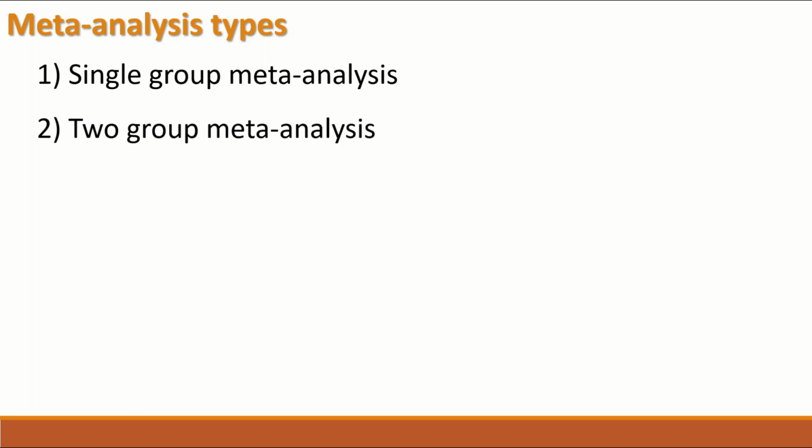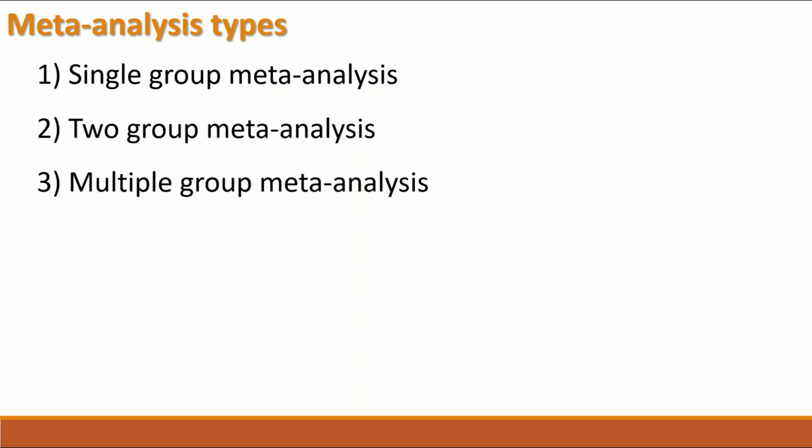The second group is the control, unexposed, or reference group to compare. Then two group meta-analysis can be performed. And the third one, multiple group meta-analysis, is performed when there are more than two groups.